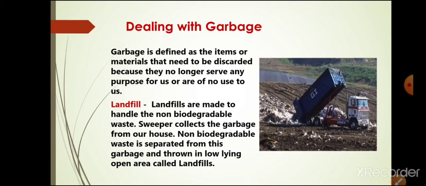So the garbage has both useful and non-useful components. The non-useful component which is separated out is then spread over the landfill and covered with a layer of soil. Once the landfill is completely full, it is usually converted into a park or a playground.